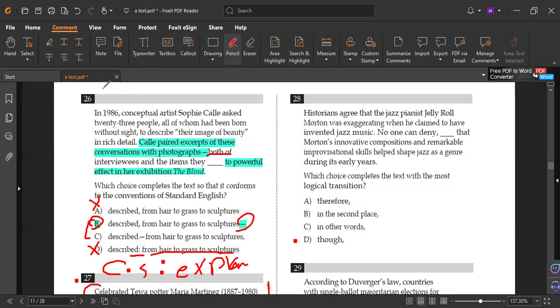Yeah, let's prove why it's so correct. Let's just find anything. Historians agree that the jazz pianist was exaggerating.